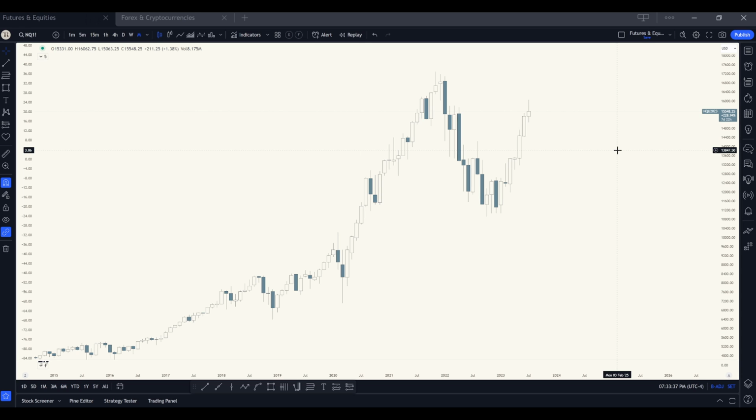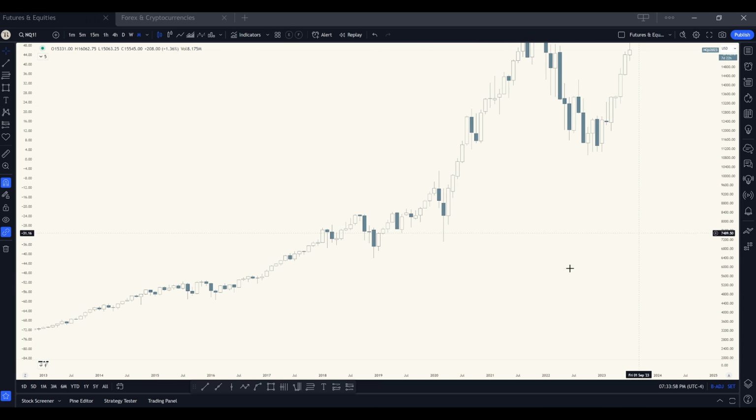So then you have to say, okay, can we find where it begins expanding? The first idea that might come to mind, and you probably learned this before you even learned ICT, is broadening formations.